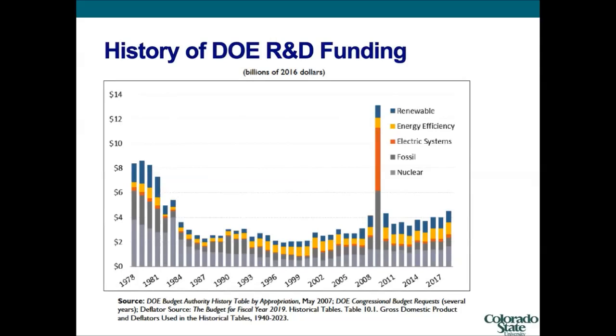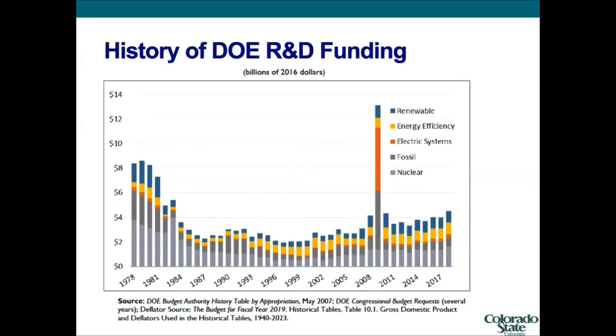And so how do I set this up? This is the graph. These bars are for each annual year of spending from DOE for research and development. And the different colors, they go in order here. So the lowest one on the bottom is nuclear energy.